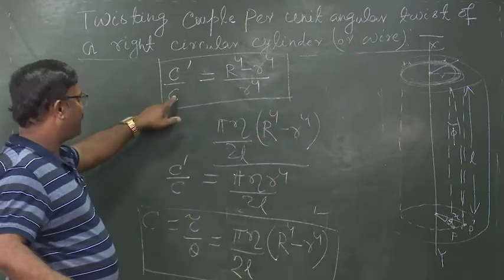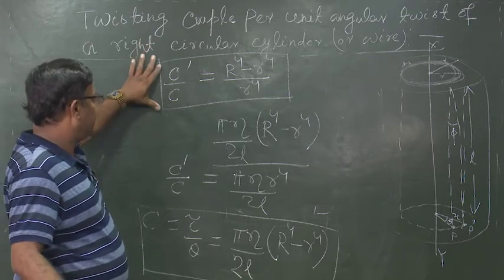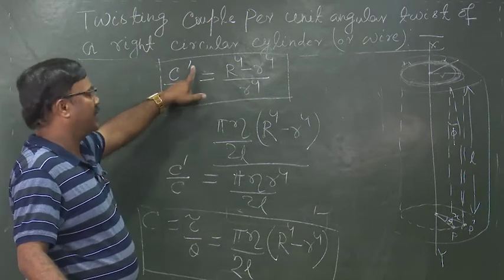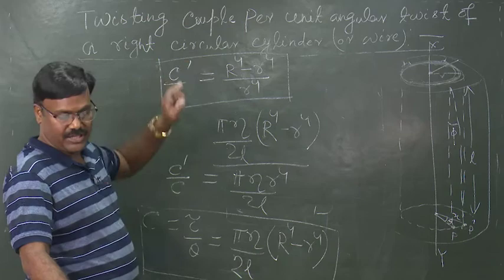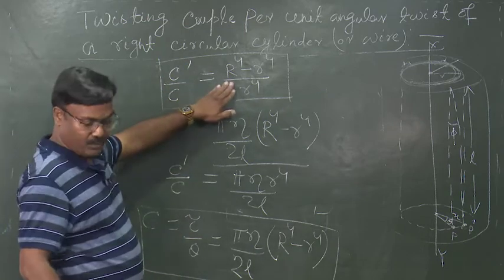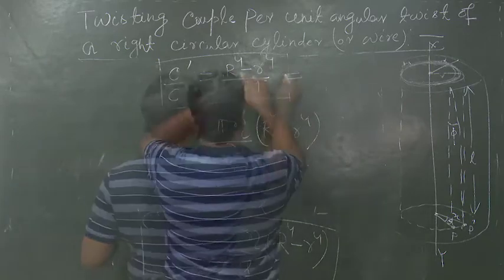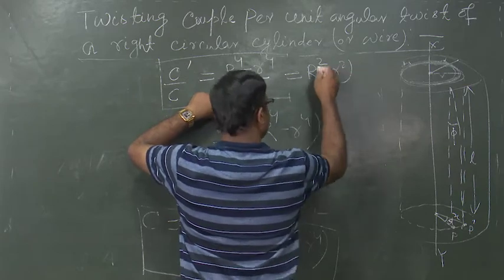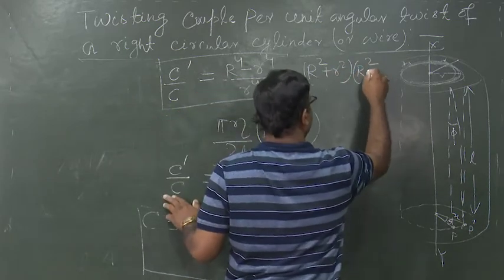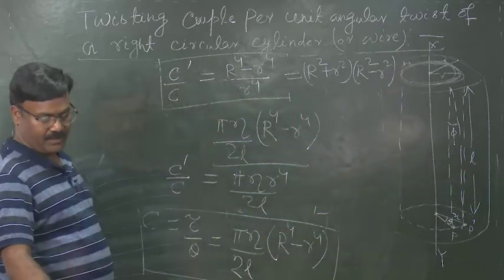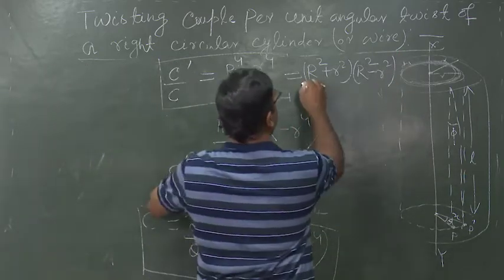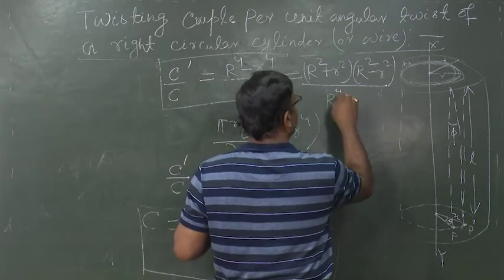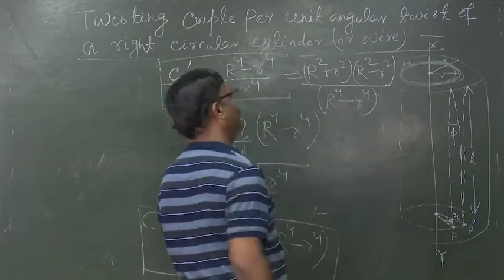This is the expression for the ratio between the torsional couple per unit angular twist acting for a hollow cylinder and for a solid cylinder. Now, R4 minus r4 can be written as R square plus r square into R square minus r square.